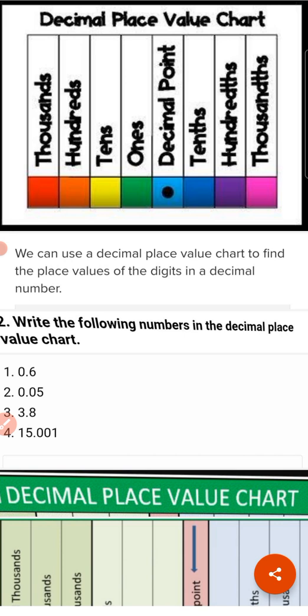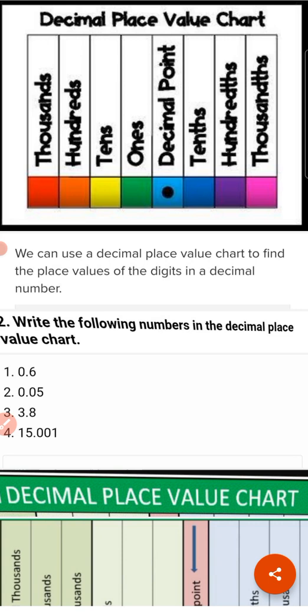Today we are going to learn about the decimal place value chart. In the previous class, you learned what a decimal number is. A decimal number has a point which is known as the decimal point.